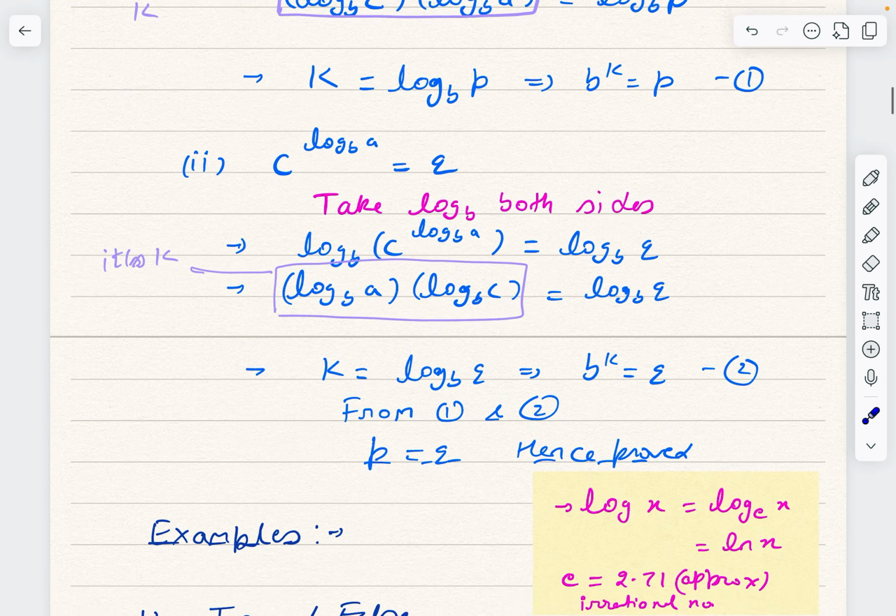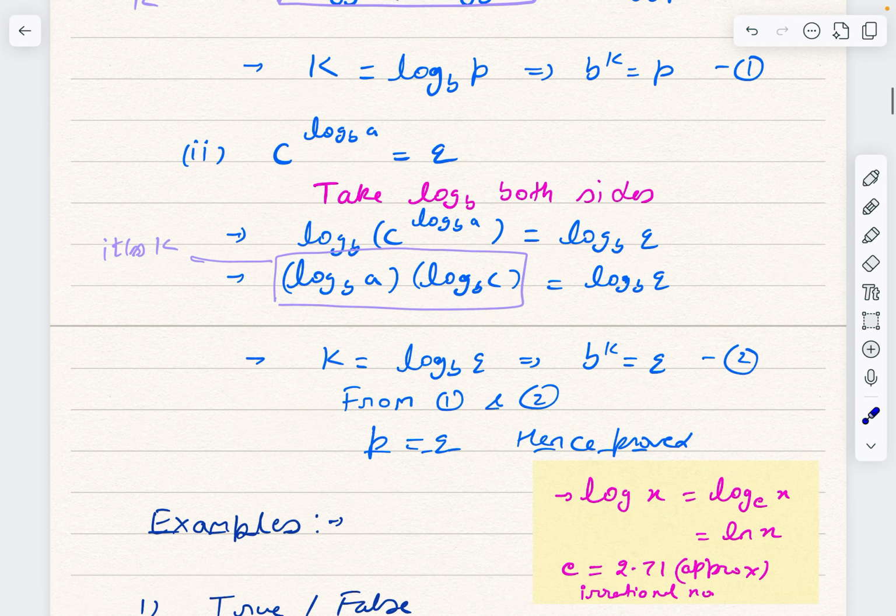One extra point here, guys. If you have log x, and no base is mentioned here, then by default in mathematics the base will be e. So we write log x, or log base e of x, or even you will see ln x. ln x we read as natural log. So natural log also basically means the base is e.